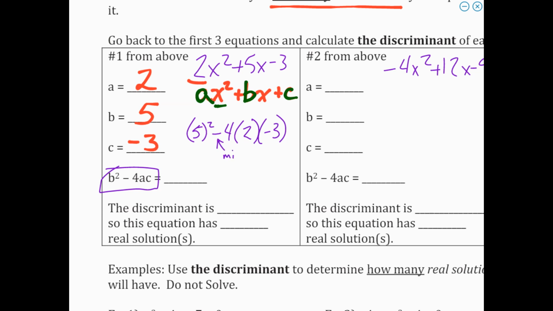This is a minus when you put it in your calculator. Just put it in your calculator just like that. Always, if you raise something to a power and you plug it in, put it in parentheses to that power to keep from having a mistake.